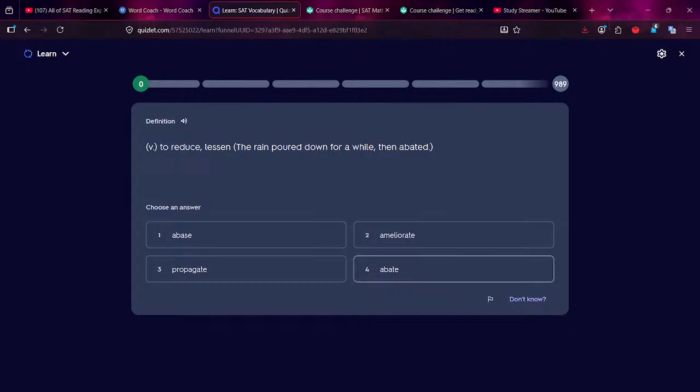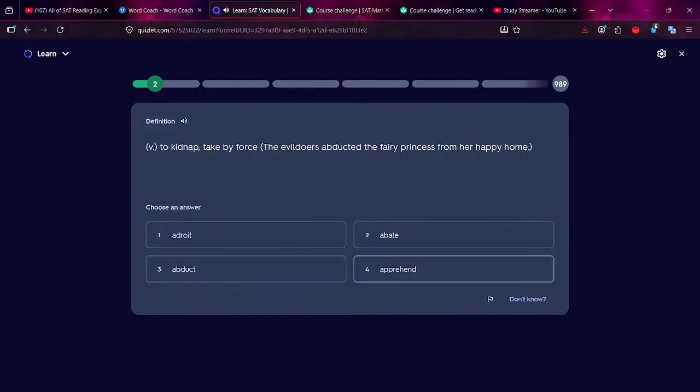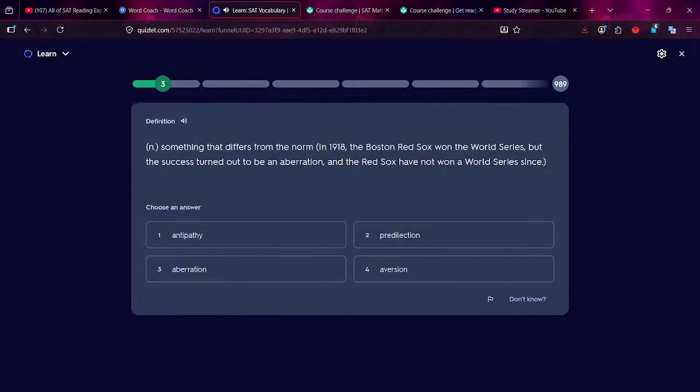Abate sounds like you're getting rid of something, so that makes sense. Okay, to give up a position, that's abdicate. To kidnap, take by force, that's abduct. Something that differs from the norm.